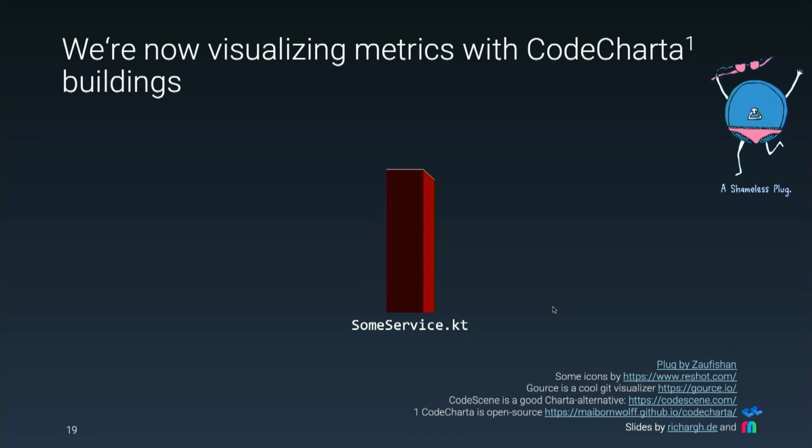That means you have sort of this area. And you can give this area, if you look from the top, a metric. You can say, okay, the more lines of code I have, the bigger it's going to be. You can give the height a metric, for example, cyclomatic complexity. And then the more complex, the higher it becomes.